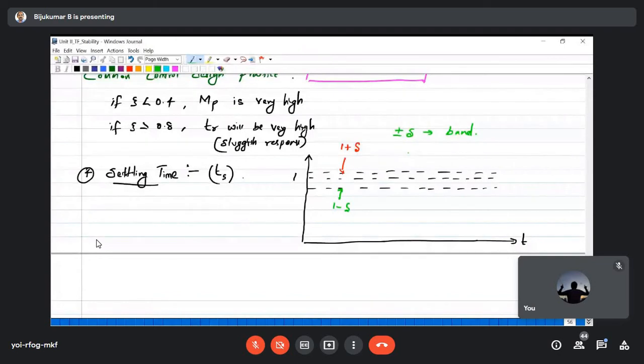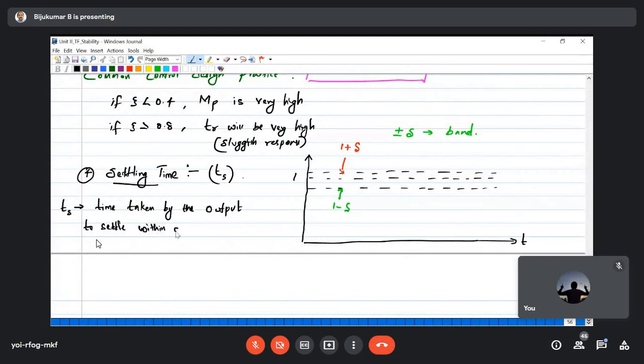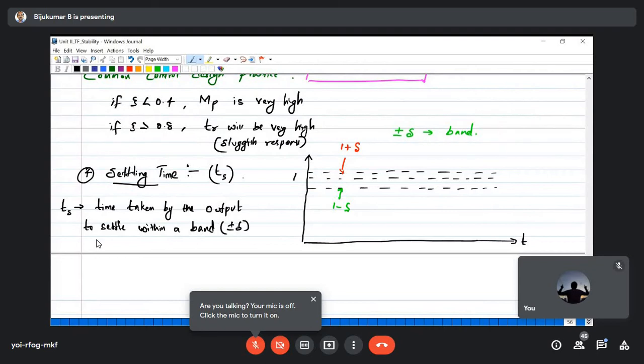So how can we define the settling time of a second order system? It can be denoted as ts. So ts can be defined as the time taken by the output to settle within a band, where the band is plus or minus delta. So how can I draw the response in this?